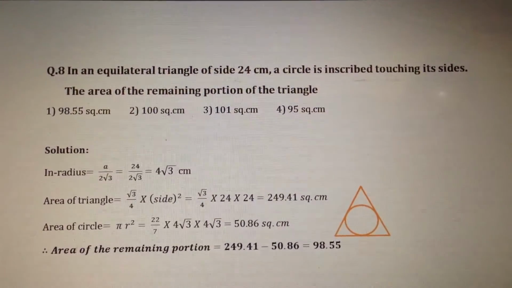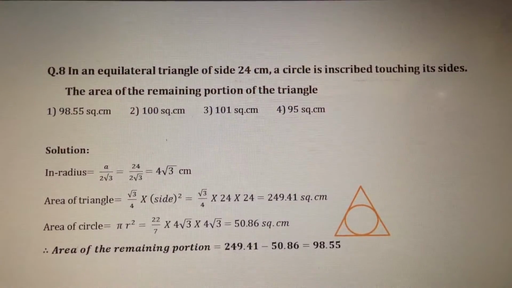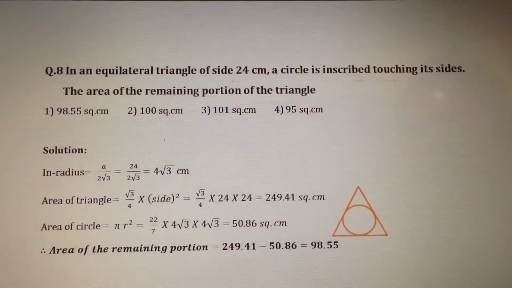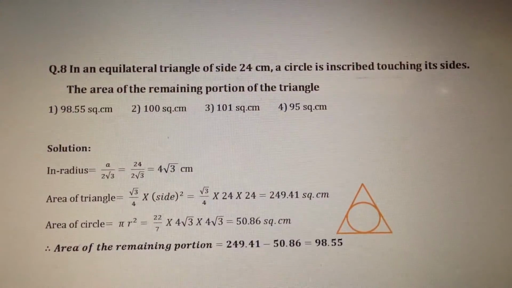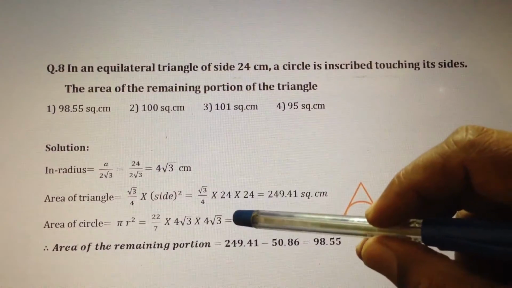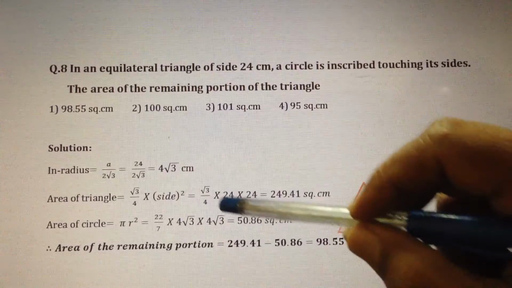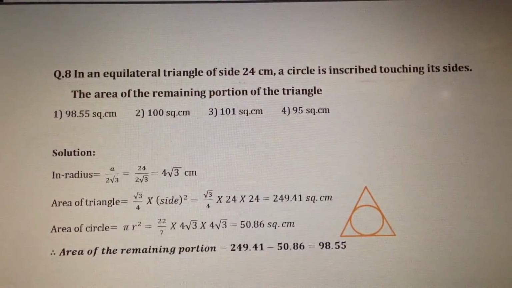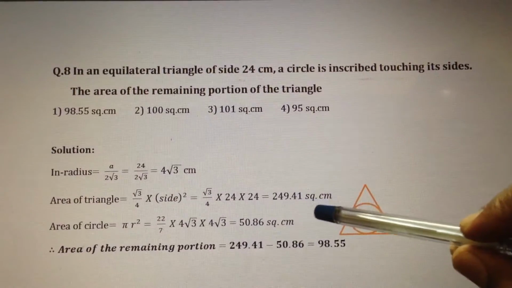Now the area of the triangle is given by the formula root 3 by 4 into side square. We all know that one. So let us substitute the value of the side here. Therefore, area of the triangle is equal to root 3 by 4 into 24 into 24, which is equal to 249.41 square centimeters.